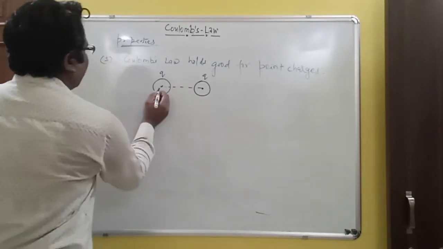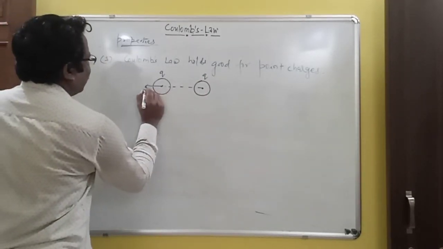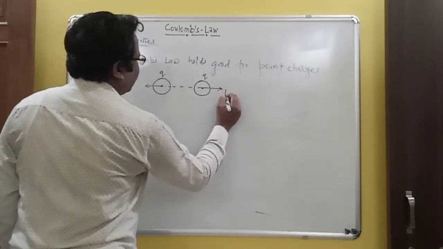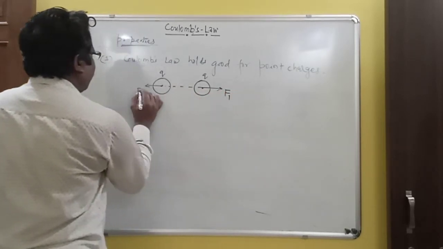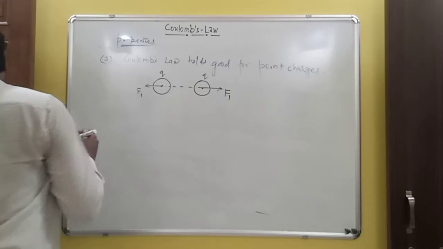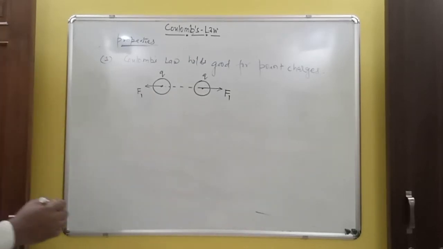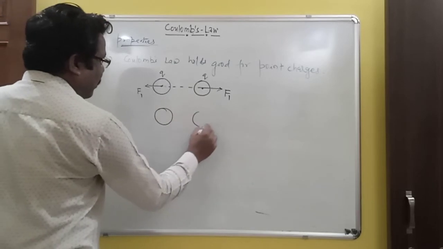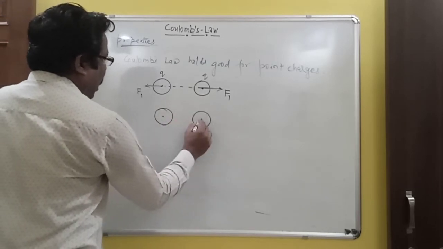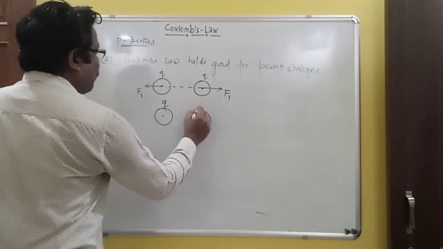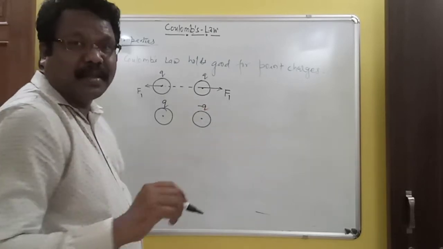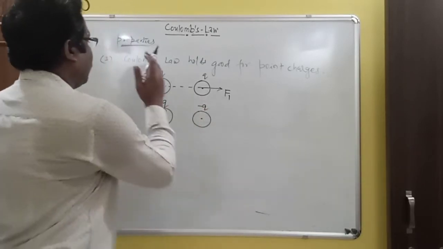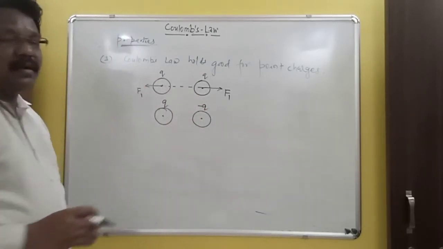You better know that they will repel one another. Say they repel each other with a force F1. Further, when these same spheres are given unlike charges, Q and minus Q this time. Earlier, they were given Q and Q, like charges.